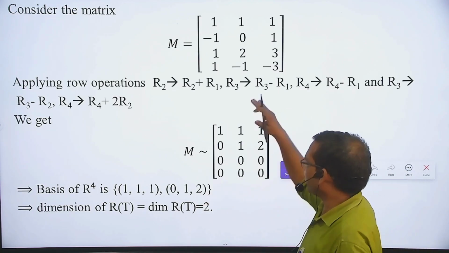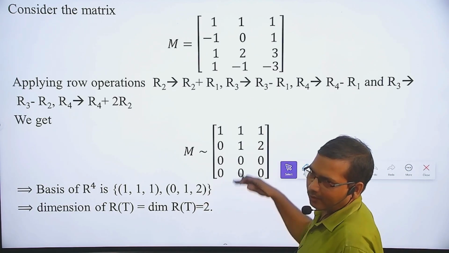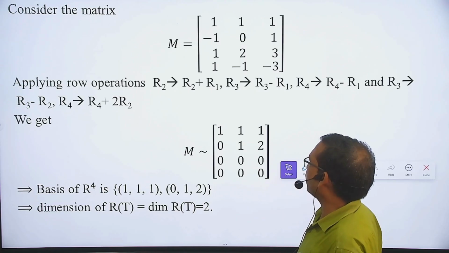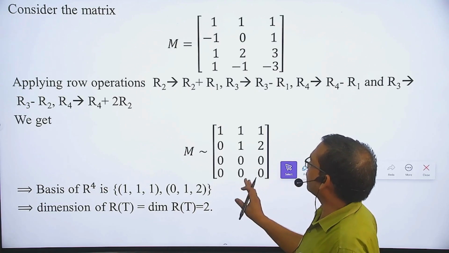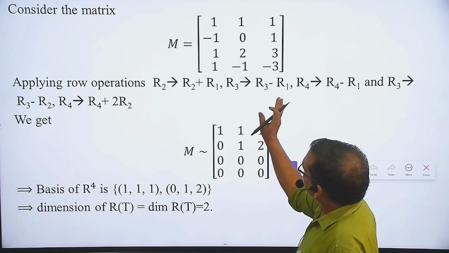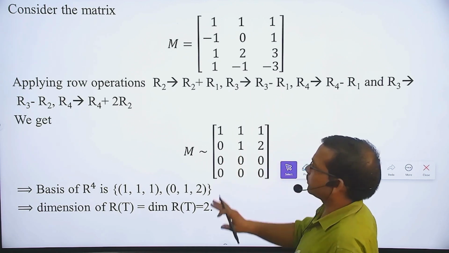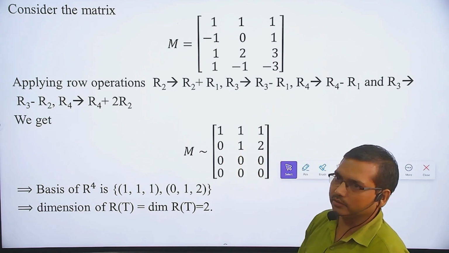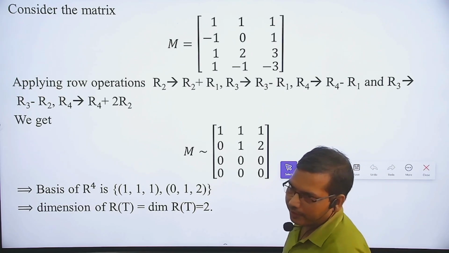Finally, we get a matrix in echelon form, and this echelon form shows that there are only two linearly independent vectors.